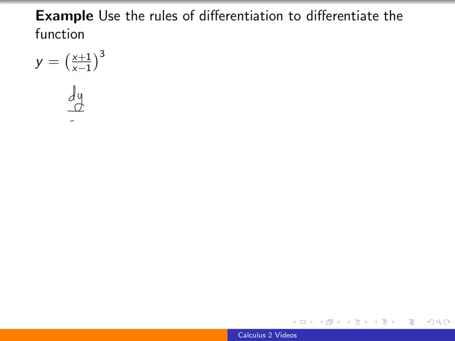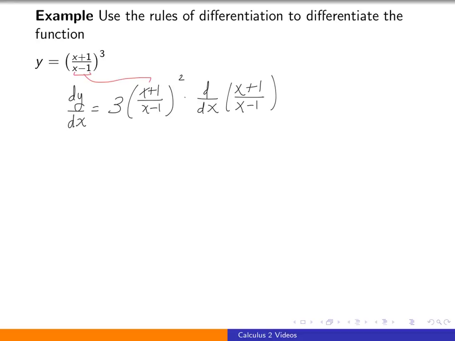So the chain rule tells us we differentiate the outside function. The 3 comes down front. The new power is 1 less. We plug that inside function in, x plus 1 over x minus 1. So that inside function gets plugged into the derivative. And then we need to multiply by the derivative of the inside function.